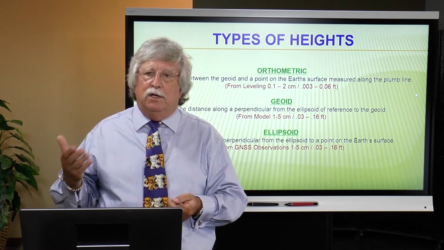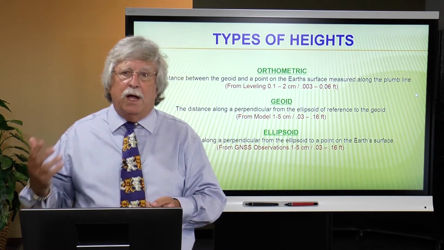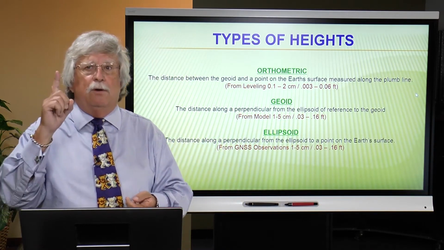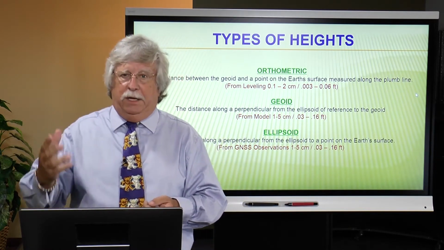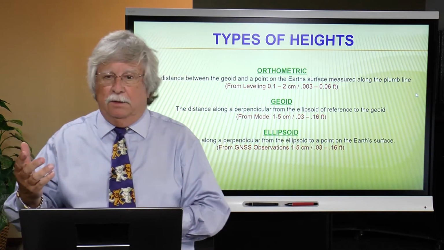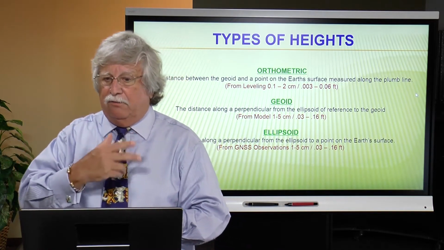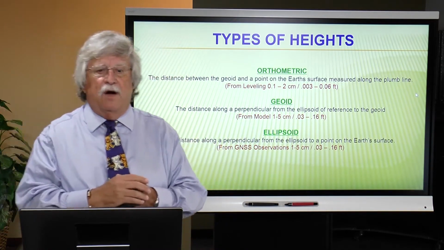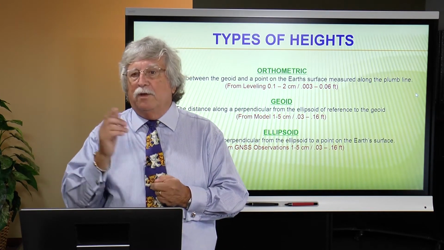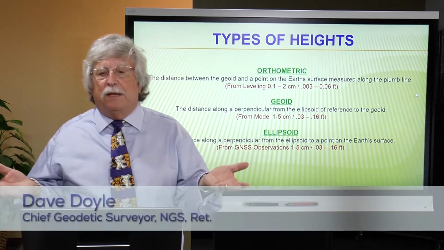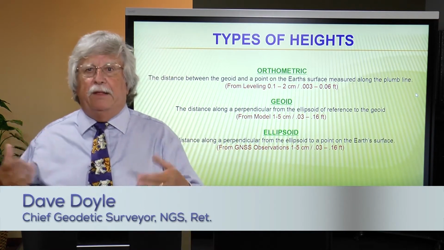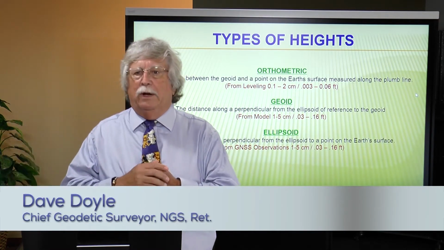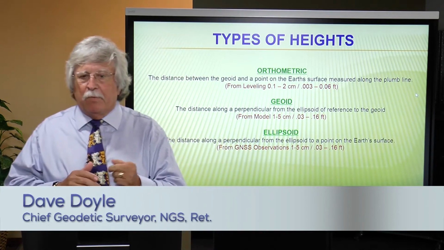Now, if I'm going to use GNSS to provide heights, I have to know how good the geoid model is that's being used in my computation. So a couple of centimeters, easily 3 to 4, maybe even as much as 5 centimeters. It depends upon how good the model is, and the model is dependent upon the amount of data that's been collected. Now, by the end of this presentation, I'll have shown you what NGS tries to do there.